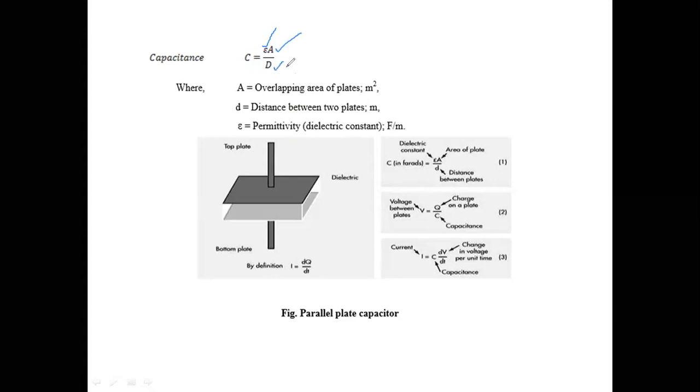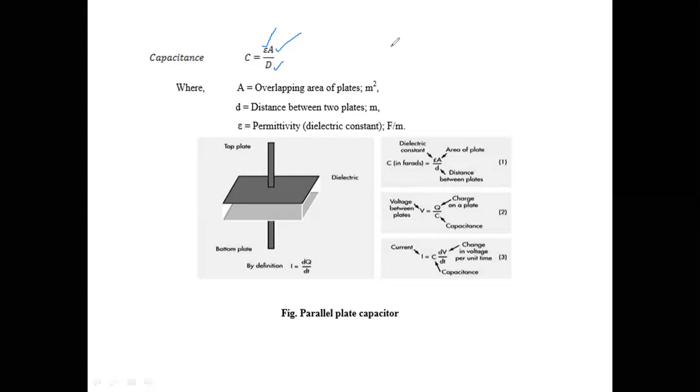If the distance between two plates is varied, then capacitance can be varied. And if the overlapping area of two plates is varied, then capacitance will be varied. And if epsilon varies, then also capacitance will vary. So depending upon the application, I can bring changes in these values, epsilon, A, or D, such that the capacitance is varied.